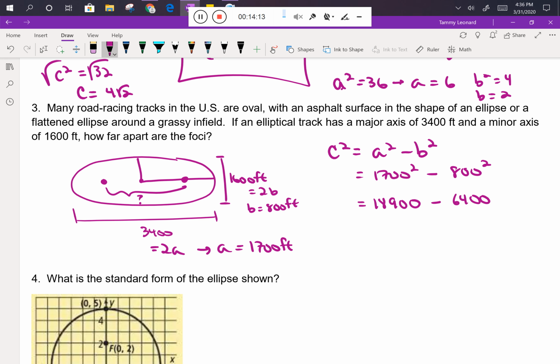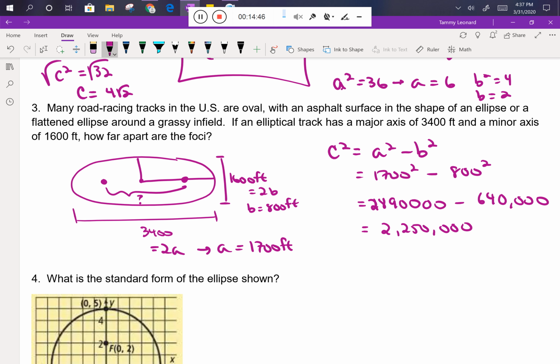So this will be 640,000 because I'm going to need 4 zeros there.